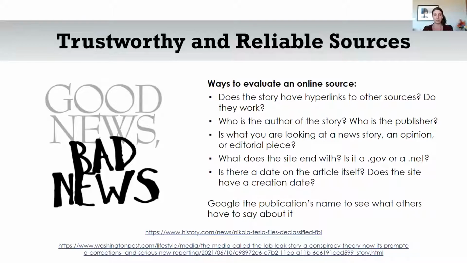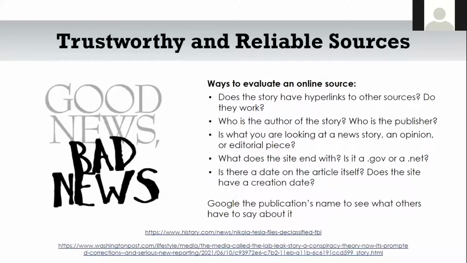Especially if you're reading a newspaper article online, most of the time they'll link to things that they've previously written about or to other things that relate specifically to that topic. Checking that those hyperlinks work is a good way to make sure that that information is reliable. Is the information they're linking to credible as well? So that is just one way you can start off some of your evaluation as you're doing your research.